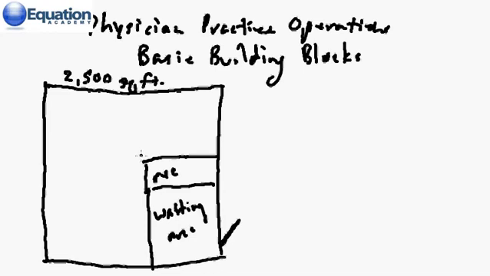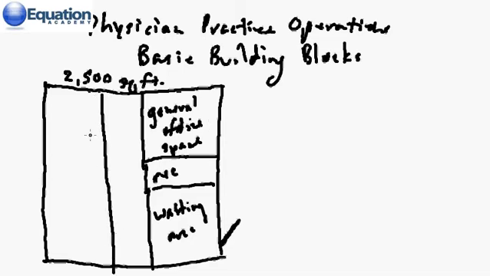And there might be an area set aside for what we'll call general office space, and this might be where patient records are stored, medical supplies. The office manager might work from there doing some of the claims processing, and then the office might be further divided into exam rooms.